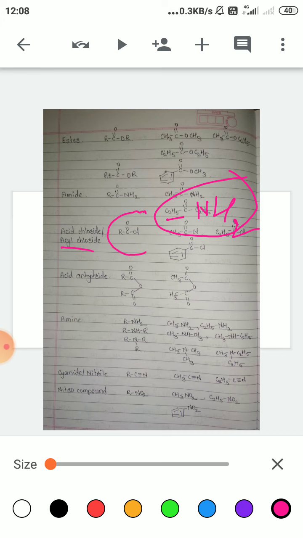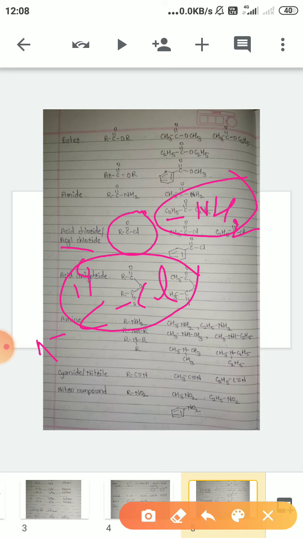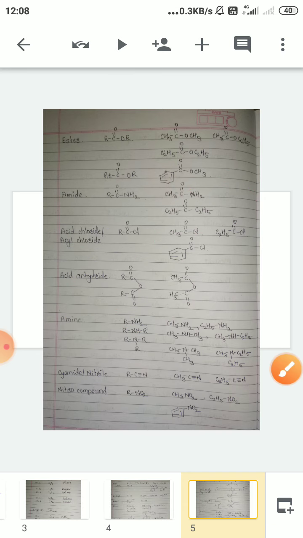Now the next one is acid chlorides, which are also called acyl chlorides, and the functional group is R C double bond O Cl. Or simply we can say the compounds containing the C double bond O Cl group are called acid chlorides, acid halides or acyl chlorides.